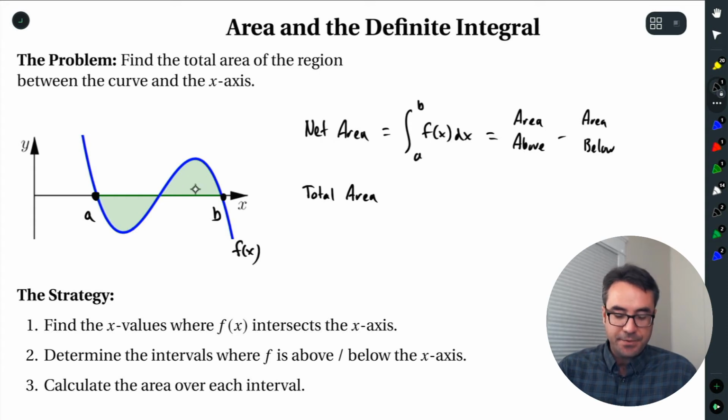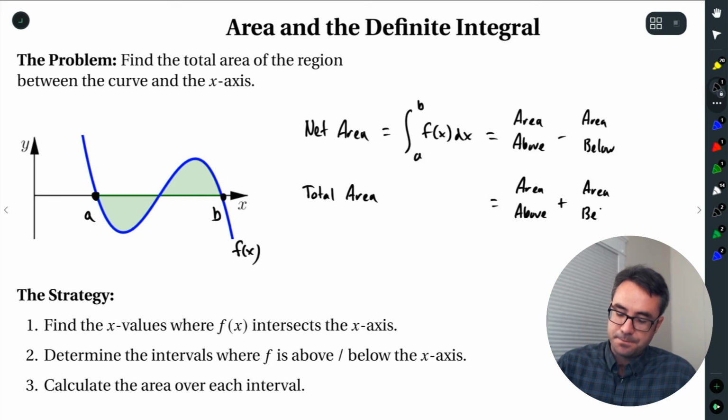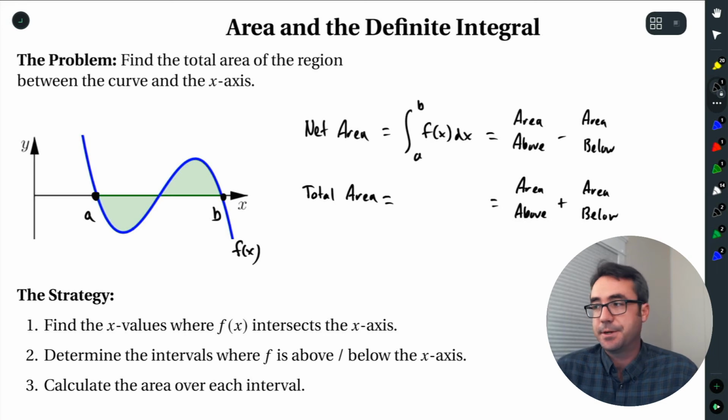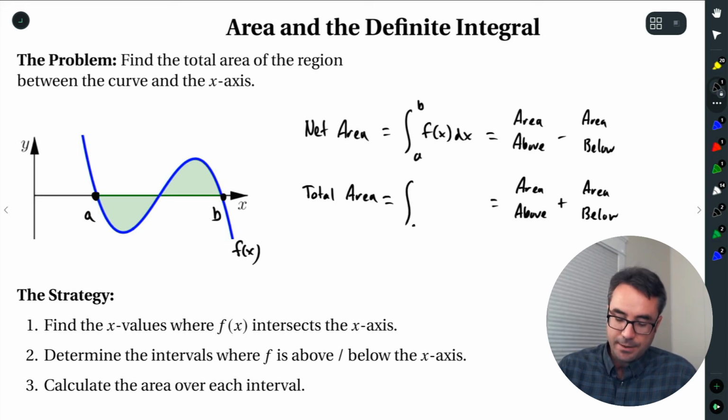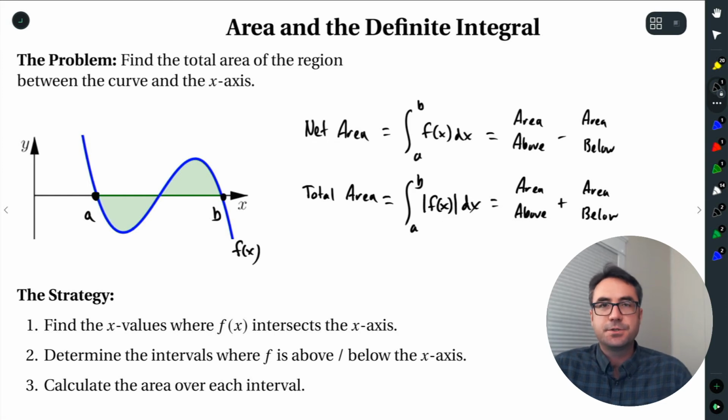Now if we wanted to add these two areas together, that gives us the total area. So if we were to take the area above plus the area below, that would give us what we call the total area. It's the area of the total region there. So how do we calculate that with a definite integral? Well, we just take the absolute value of our function. So it's the integral from a to b of the absolute value of f of x dx.